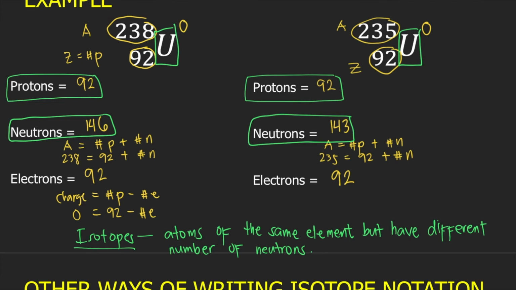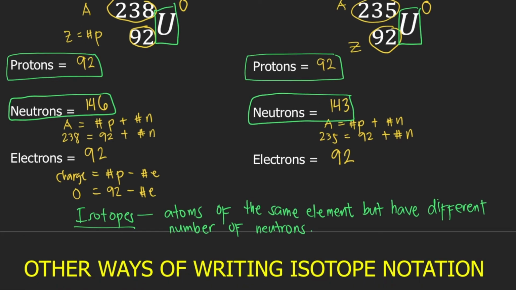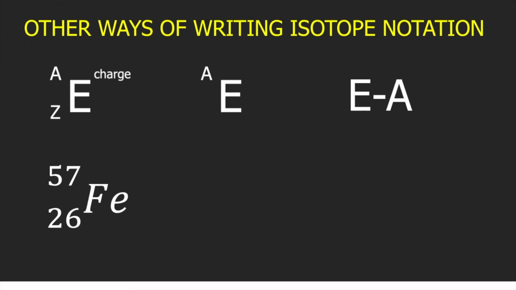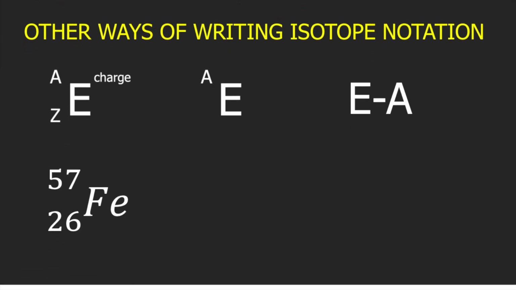Now for our last part of the discussion, we will talk about other ways of writing isotope notation. So far, we have discussed the A Z E notation, but that's not the only notation you will encounter in some books and references. So as you can see, we have here an A E notation.